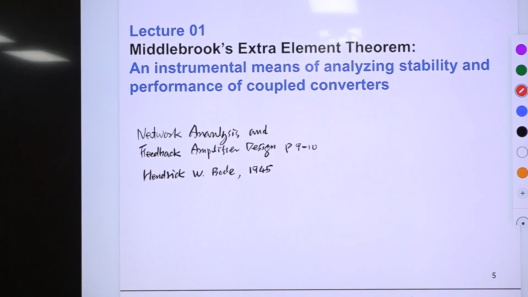I have a subtitle: An Instrumental Means of Analyzing Stability and Performance of Coupled Converters. I think this is maybe one of the most famous contributions of Dr. Middlebrook. I think the most significant one is the development of the loop gain measurement technique of the converter.